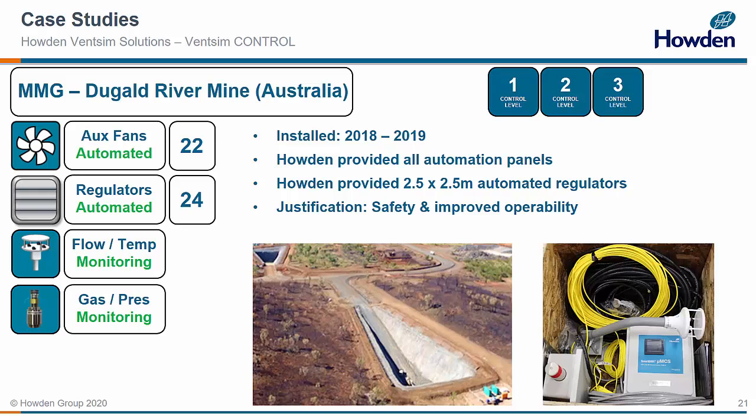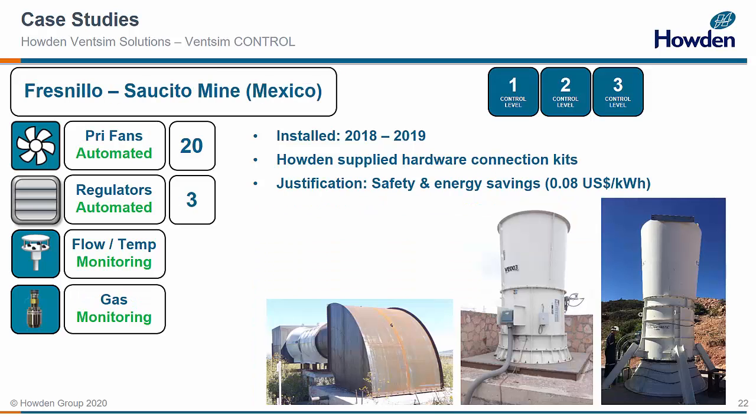Another example is the MMG Dougal River mine, which has 3 levels of control, controlling 22 auxiliary fans, 24 airflow regulators, all the associated monitoring, and Howden provided all of the automation panels and the automated regulators as well. An example is Fresnillo Saucito mine.